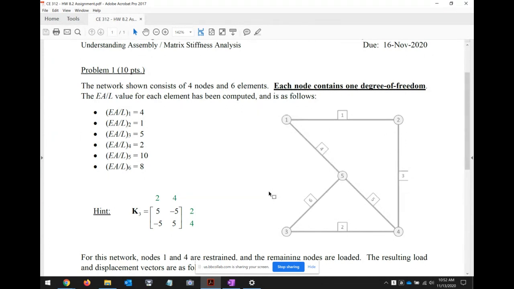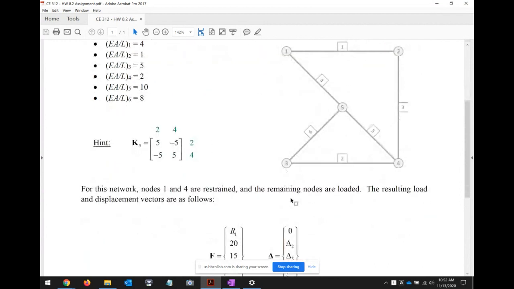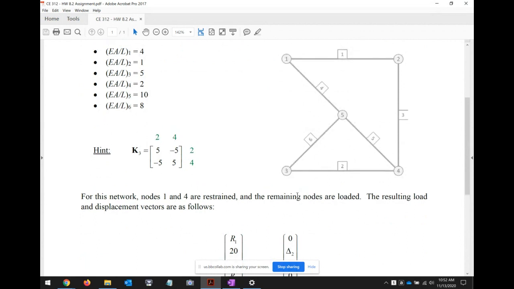It's supposed to be 5 nodes, I'll fix that. The stiffness matrix will be 5 by 5. I want you to take this set of stiffness matrices and see if you can assemble it. This isn't due till Wednesday, but it's really worth taking a look at and attacking this weekend.